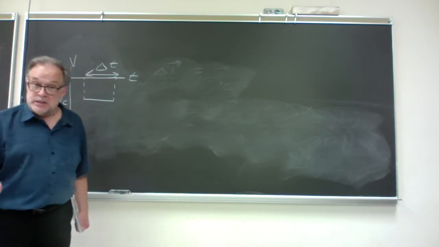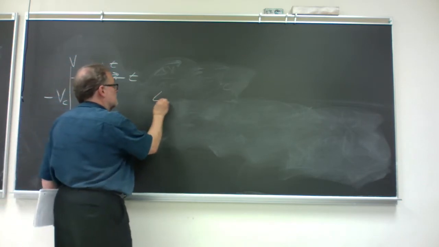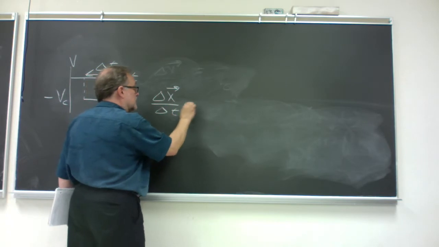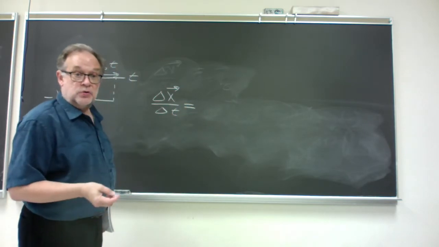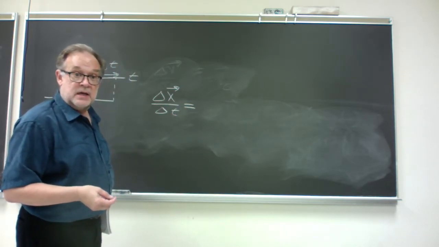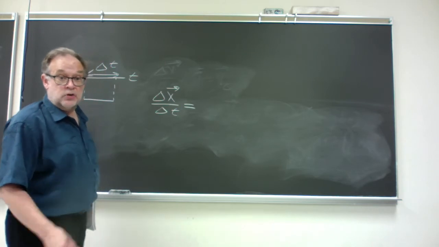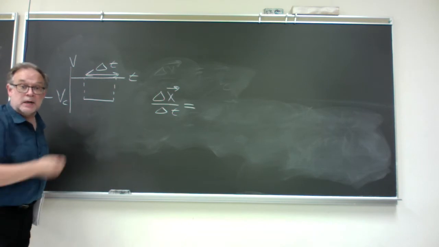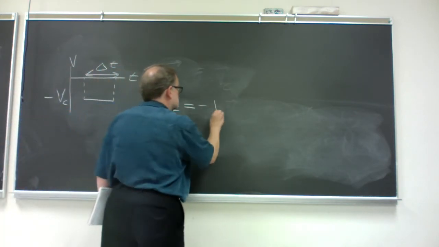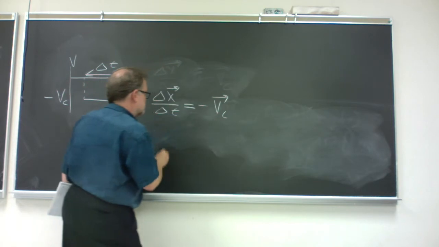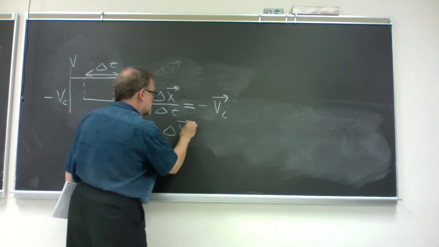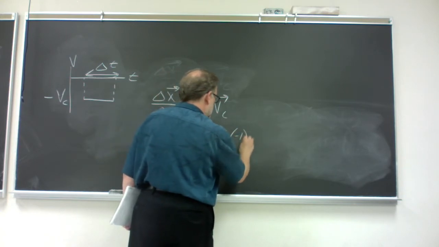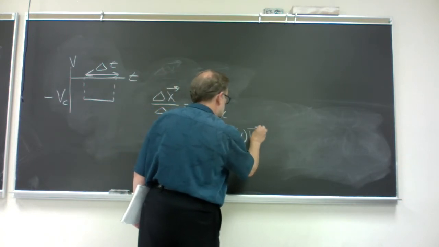And it is still the case that displacement divided by the length of time it took to make that displacement is equal to the average velocity, but in this case, average velocity is going to amount to the same thing as the actual constant velocity minus VC. And so displacement is equal to the time interval times minus 1 times VC.